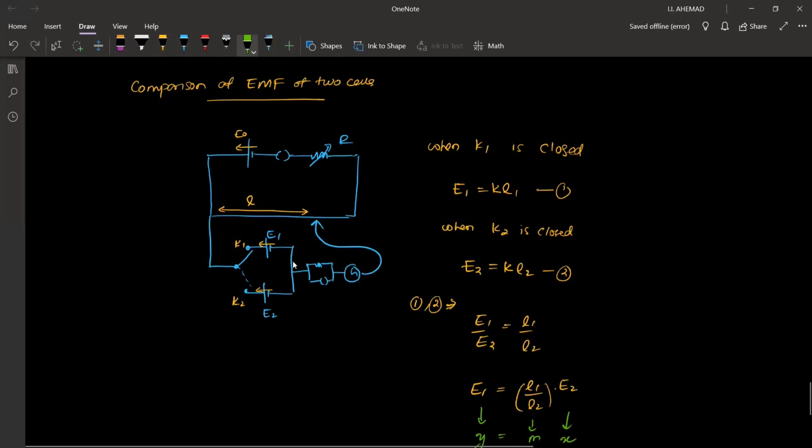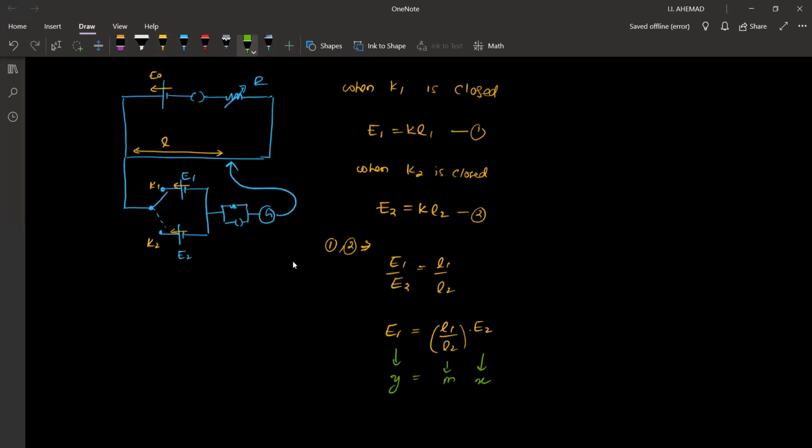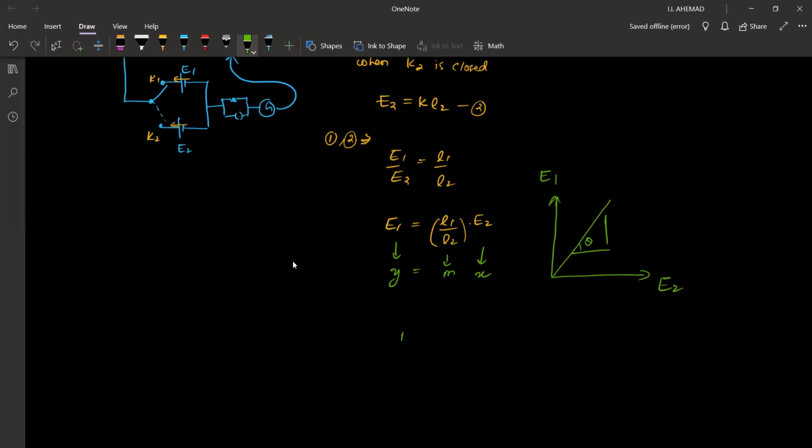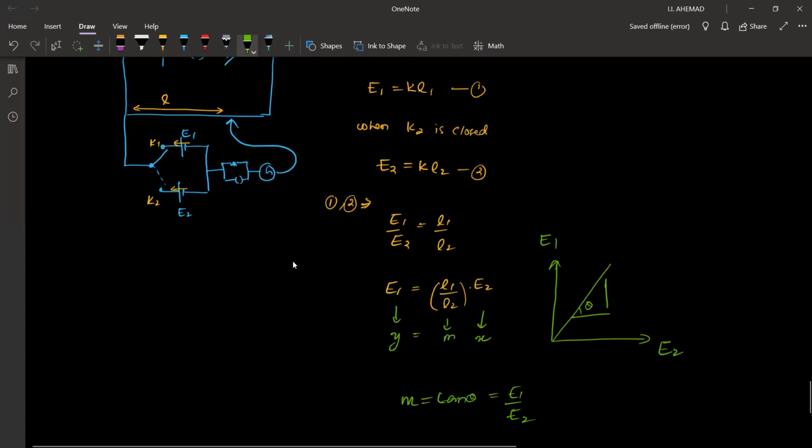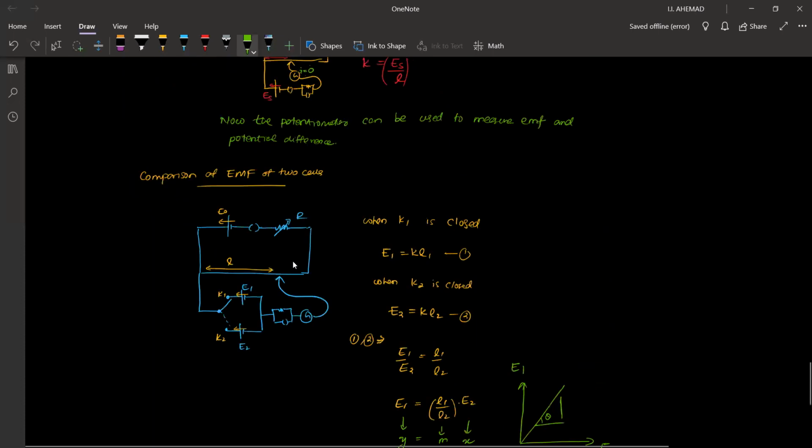Okay, so note this down quickly. If we plot the graph, we should get y equal mx for E1 and E2. So the gradient m is equal to tan theta, that is equal to E1 over E2. So straight away finding the gradient will give you the ratio between them.